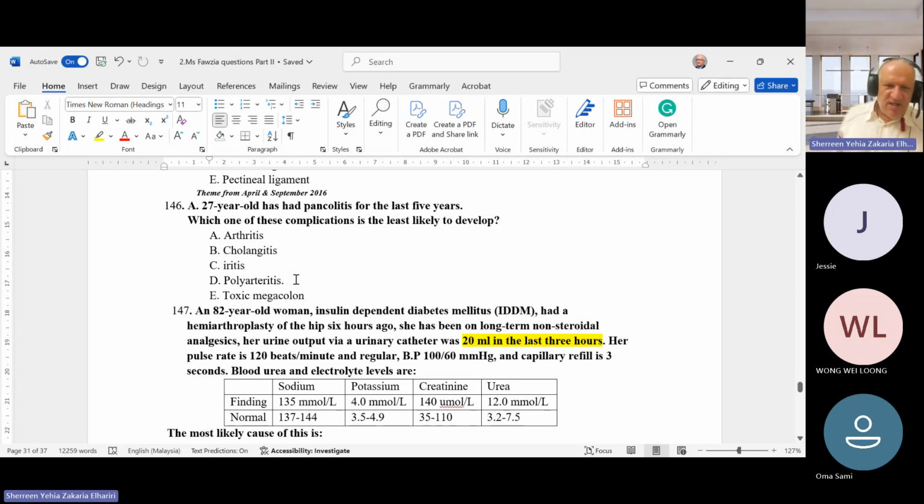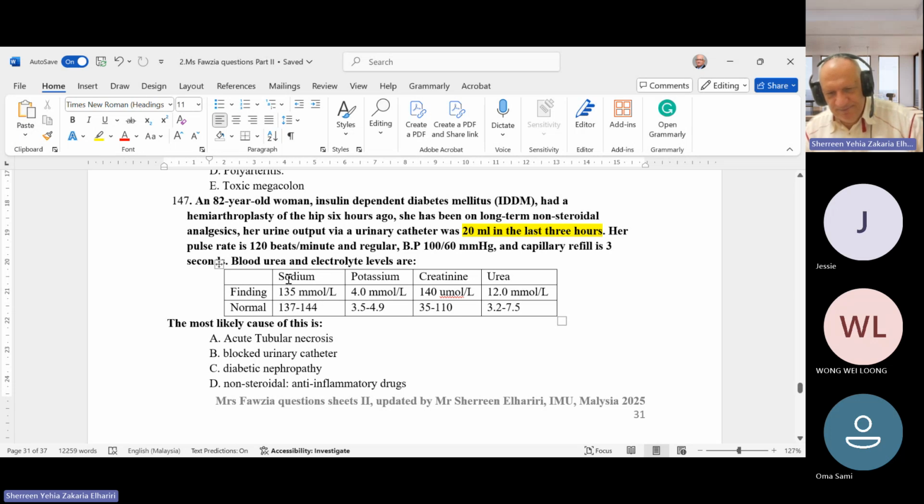It's something like temporal arteritis or polyarteritis nodosa, something in the artery. But this question is tricky because sometimes I see it written as polyarthritis. So I say it is correct, but it is arteritis, not arthritis. So it is important to know that.